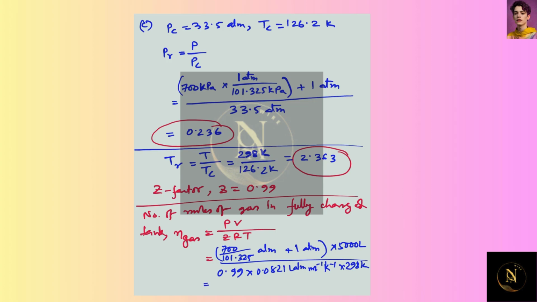Therefore the number of moles of gas we get is 1632 mole.